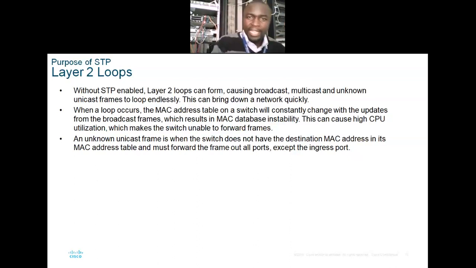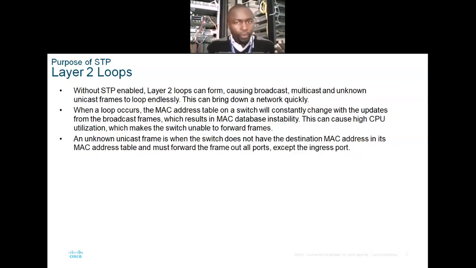Now, if the MAC address of that destination device is not within the MAC address table of that switch, the switch will forward it through all the ports on the switch. If it is a 24-port switch, it's going to forward to 23 ports. Why 23? Because it's going to exempt the port that the frame came through.